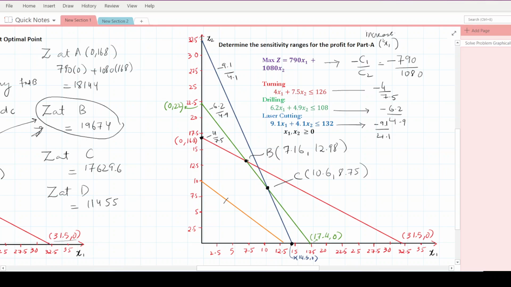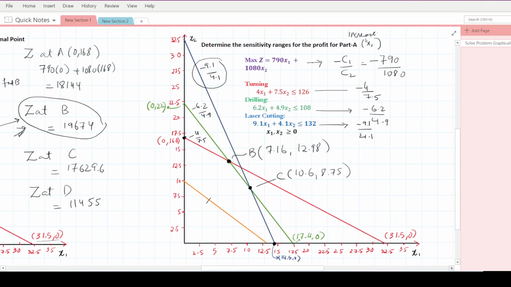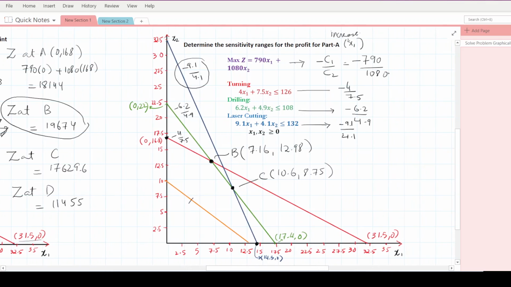Now, while looking for the steepest constraint, the mistake students generally make is that they see that of all these three constraints, laser cutting is the steepest of all the three. So the mistake they make is they simply put the slope of this objective function equal to the slope of the laser constraint.